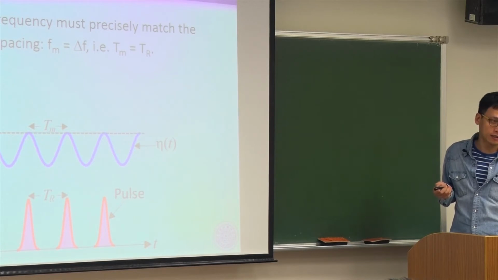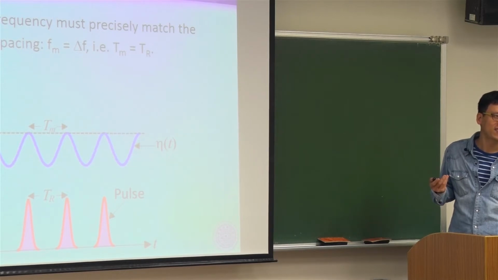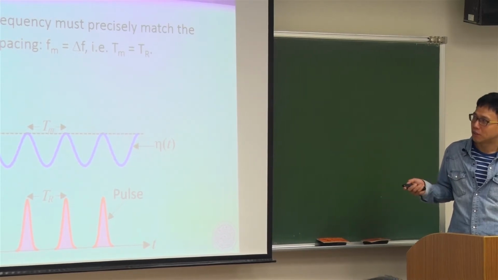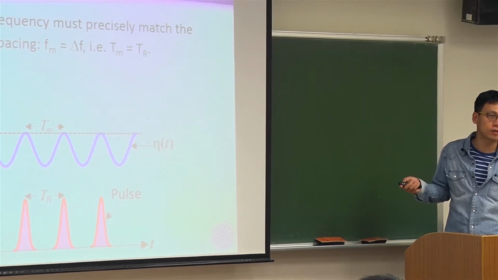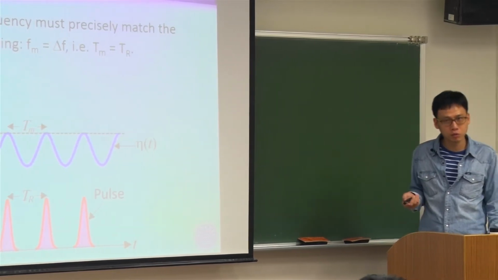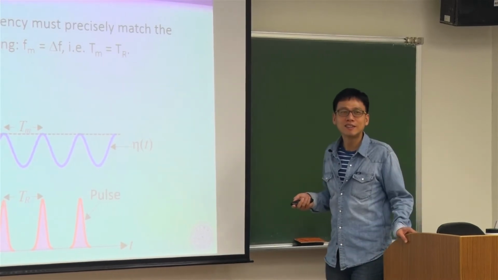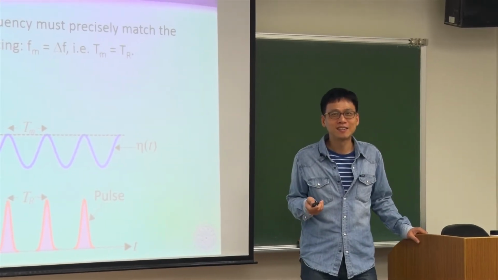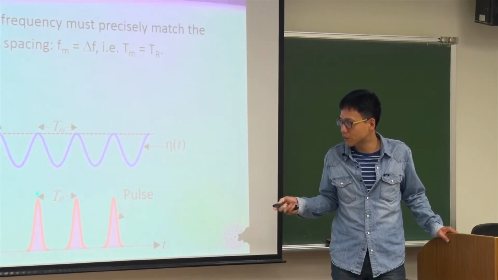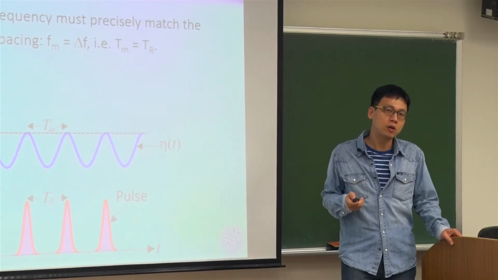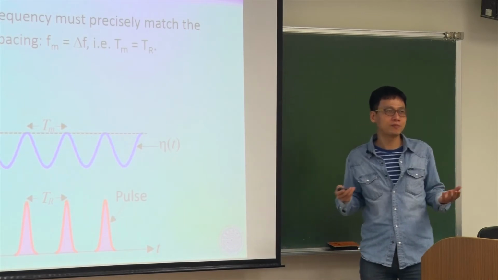If they are not synchronized, can you imagine what would be the problems? This picture is drawn perfectly, they are synchronized. But what if they are not synchronized, what is the problem? If the transmission peak is misaligned from the pulse peak, what would be the problem?